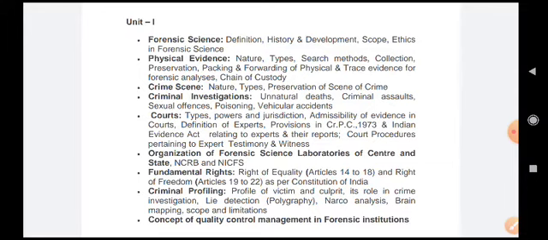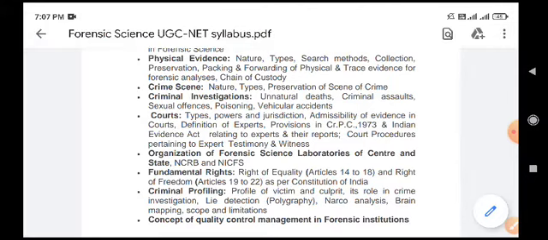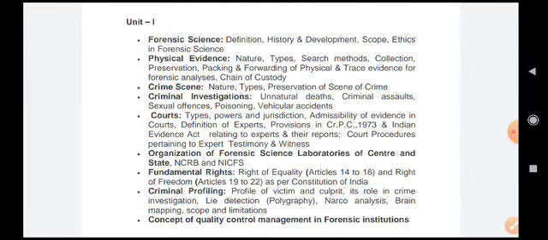So the preservation methods, the packing and forwarding of the evidences. The various questions related to all these topics are asked. Okay, and also about crime scene, the various types of crime scenes, the nature of crime scenes, and how it is preserved.